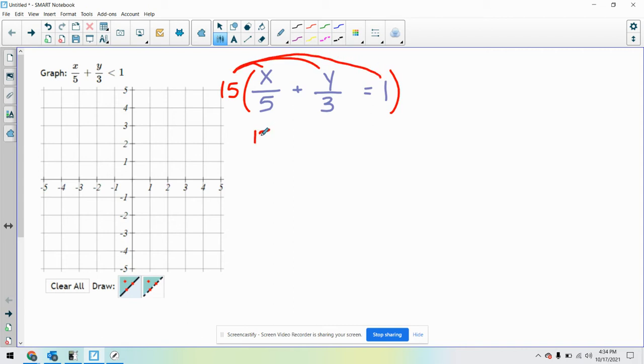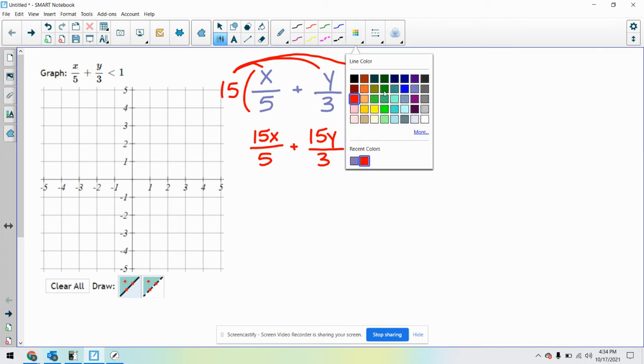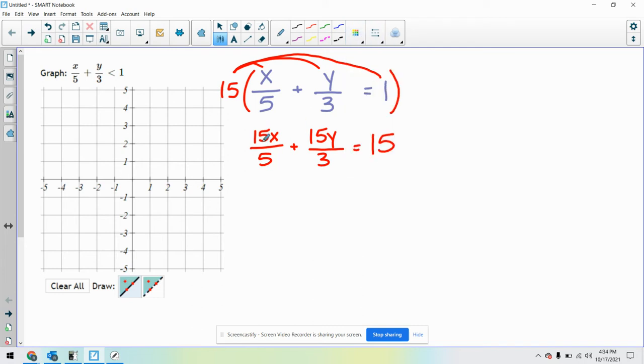So I have 15x over 5 plus 15y over 3 equals 15. Now these should reduce nice for us. So this is 15 divided by 5, which is 3x, plus 15 divided by 3, which is 5y, equals 15.